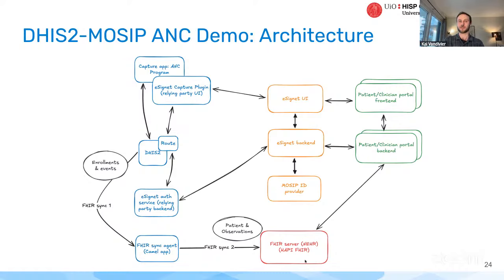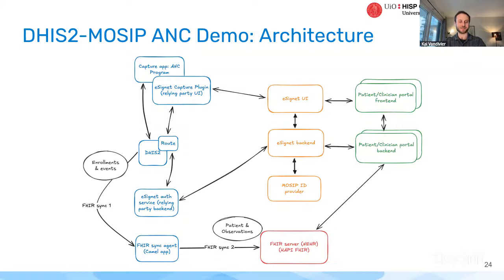The FHIR server for the NEHR, the National eHealth Registry, where all of the health information is synced to in the FHIR format, is in red here. There are the patient and clinician portals in green here, and they talk to the eSignet service here, talking to the MOSIP ID service in the background. And so this is what the architecture looks like of all these components.